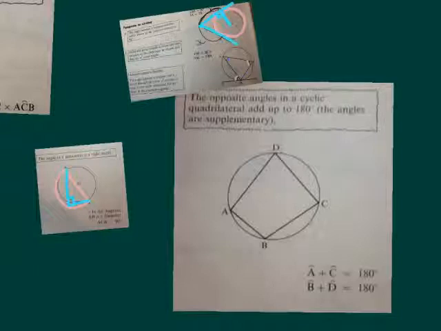So this angle here and this angle here will add to 180 degrees. Angle A plus angle C is 180 degrees. And similarly, angle B plus angle D will also come to 180 degrees. There's a proof of that, but I'm not going to show you that now. I'm not going to do any proofs here, I'm just letting you see what they are.